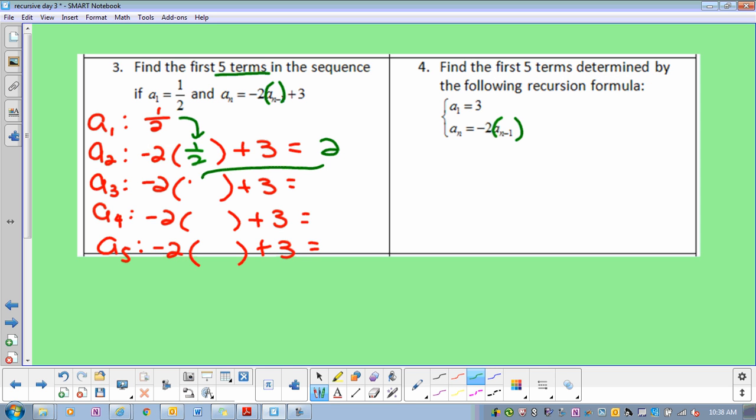Plug that in. -1 plus 3 is 2, right? This feels so weird. -4, -1. 2 plus 3 is 5.